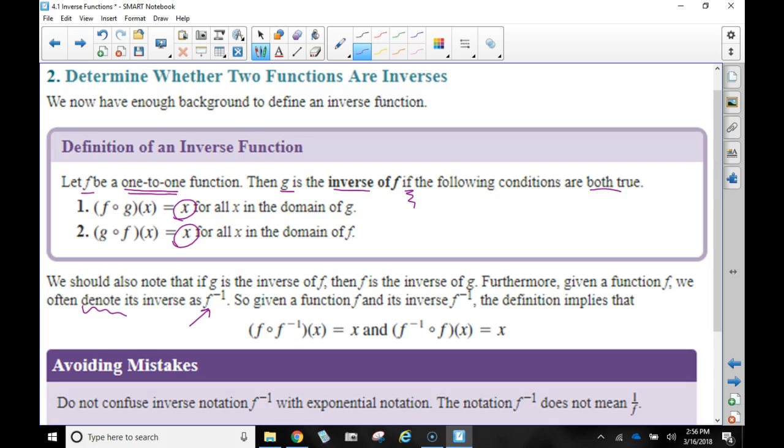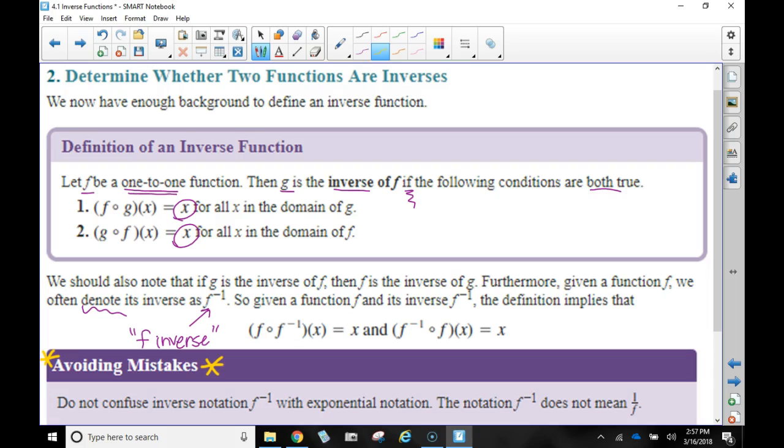So you read this as f inverse, and listen to this, not f to the negative first power. If you say that's f to the negative first power, you will be wrong, and that is what this purple box down here is all about.